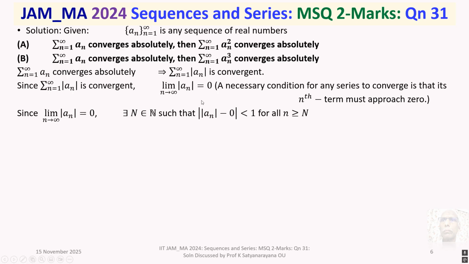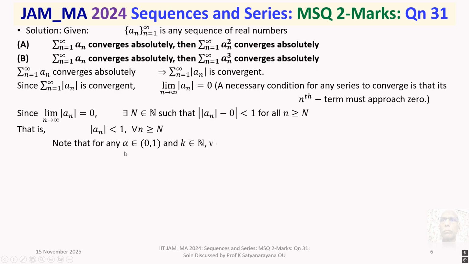For epsilon is equal to 1, there exists a natural number such that mod an minus 0 is less than 1 for all n greater than or equal to capital N. That is, mod an is less than 1 for all n greater than or equal to capital N.